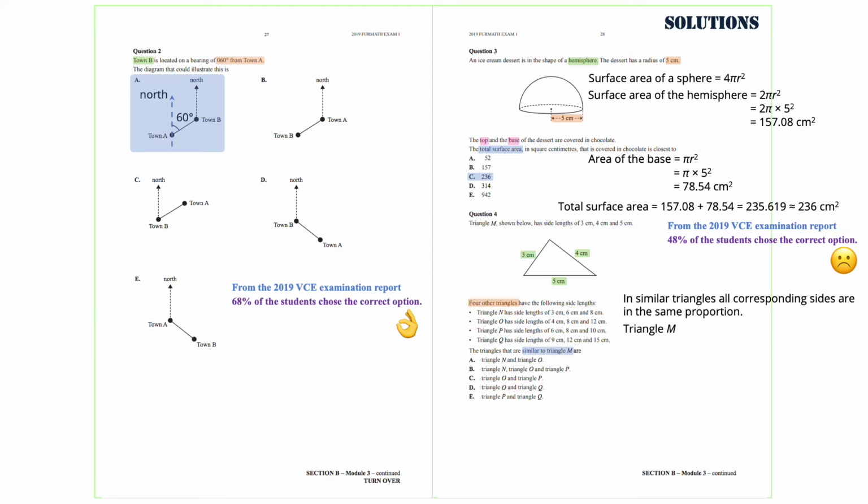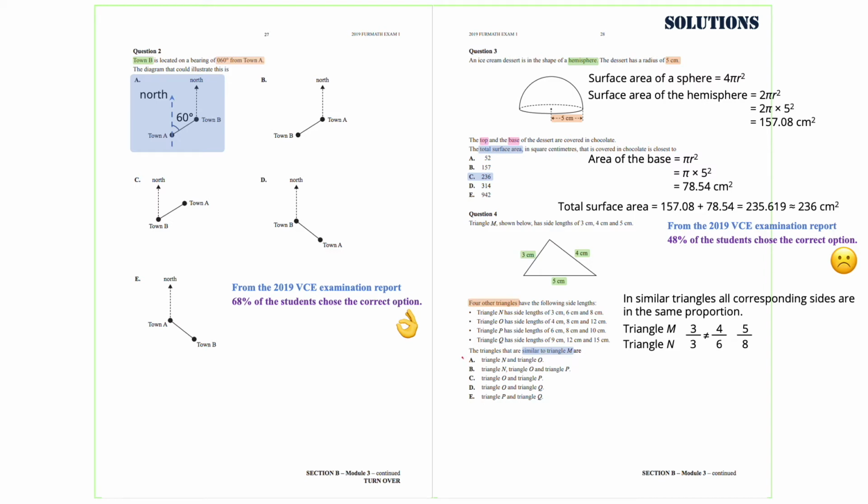3, 4, 5 for triangle M and 3, 6, 8 for triangle N. The ratio between the first two sides is 1, and the ratio between the next two sides is 4:6. So they are not equal, therefore triangles M and N are not similar.